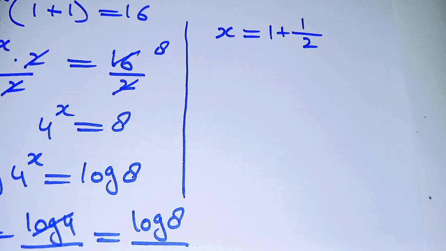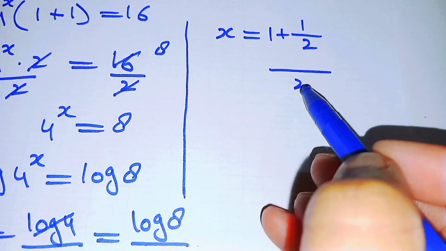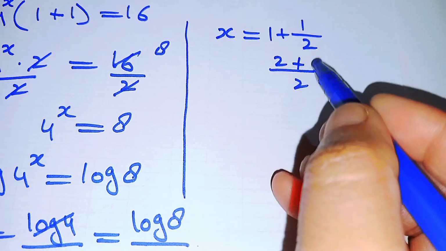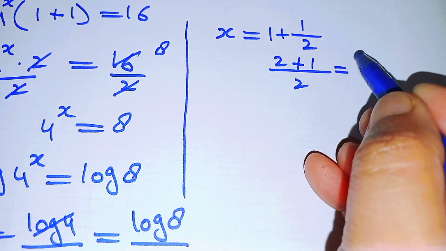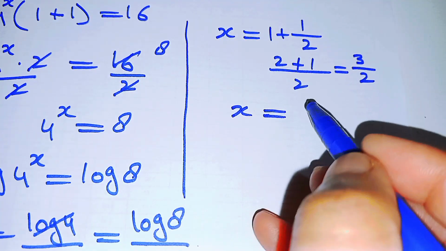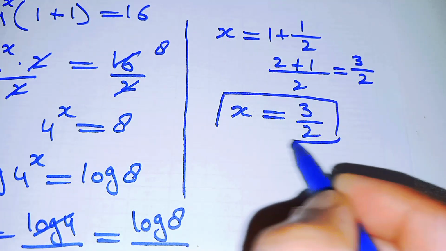Here we take the LCM: 2 ones are 2, plus 1, is equal to 3 over 2. So x is equal to 3 over 2, the final value of x.